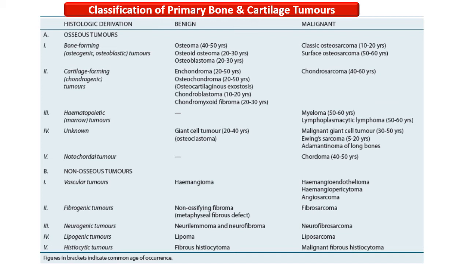The non-osseous tumors recapitulate the tissue which is present surrounding the bone tissue. Some arise from vascular tissue, termed hemangioma, and the malignant counterpart, then the fibrogenic tumors, fibroma, fibrosarcoma, neurogenic tumors, and so on.